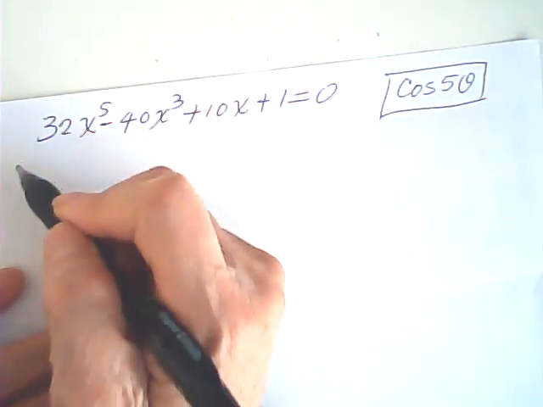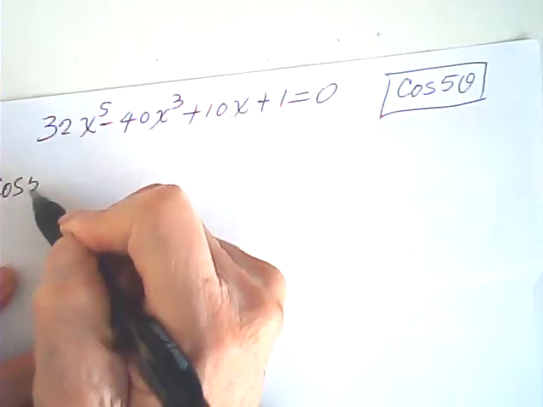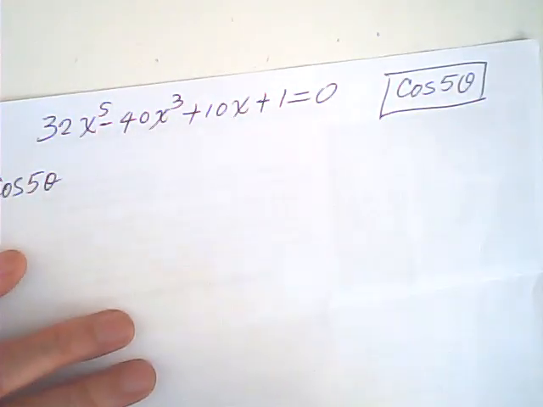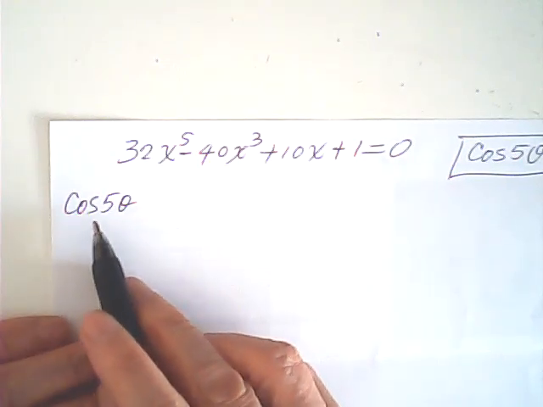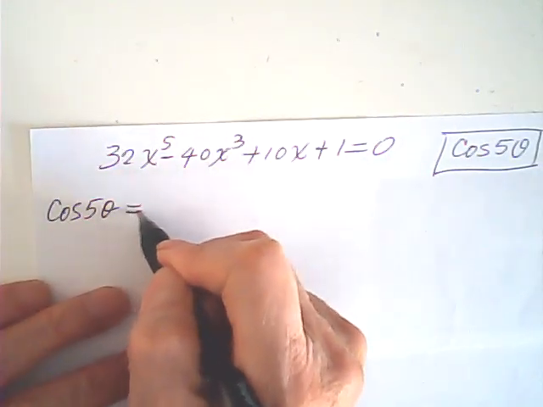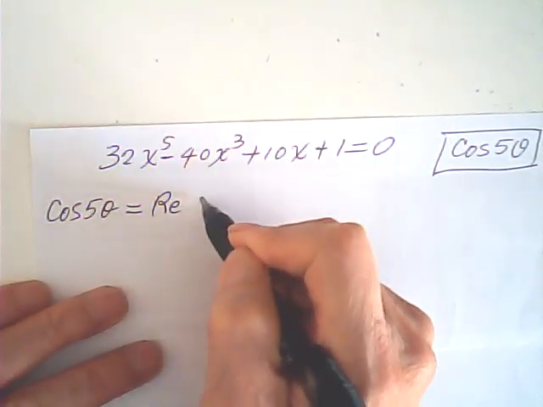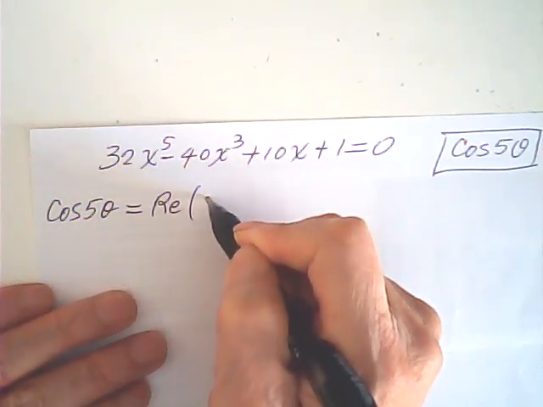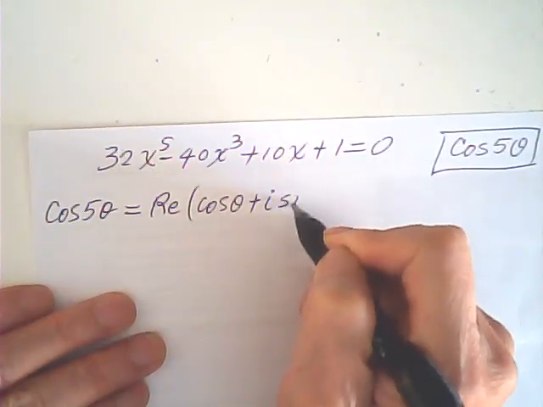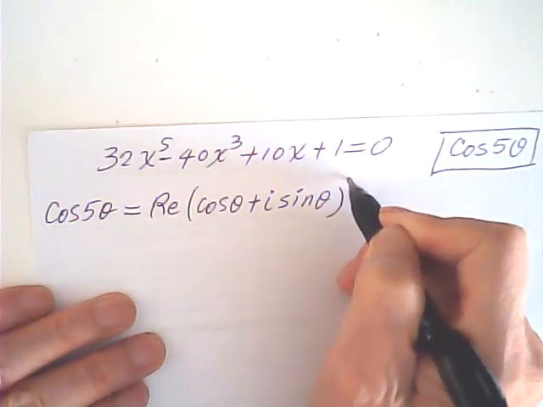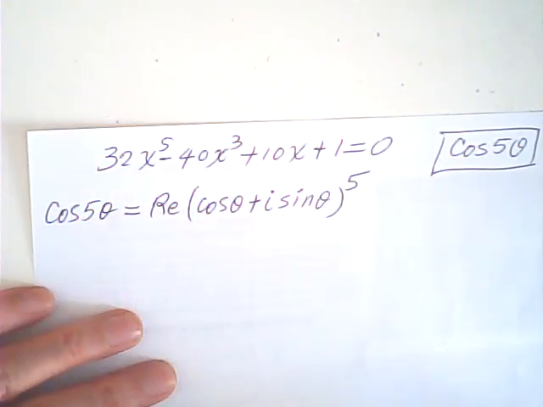I consider cosine 5 theta. Now, cosine 5 theta could be considered as the real part of (cosine theta plus i sine theta) to the 5th power.